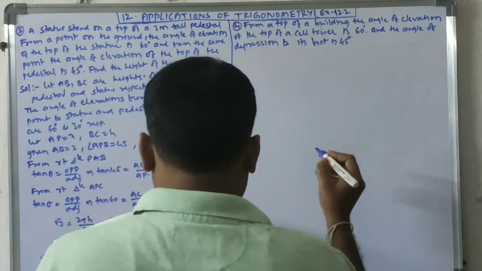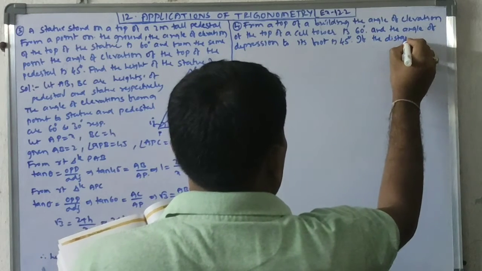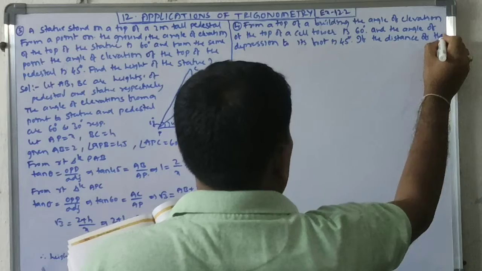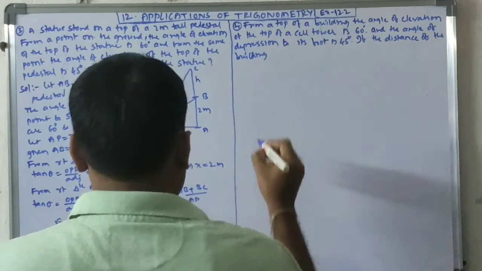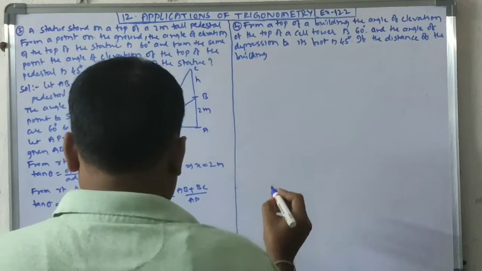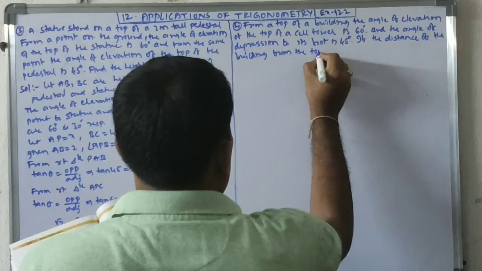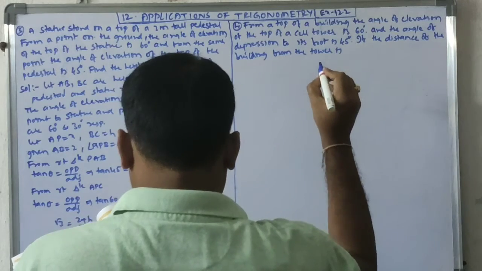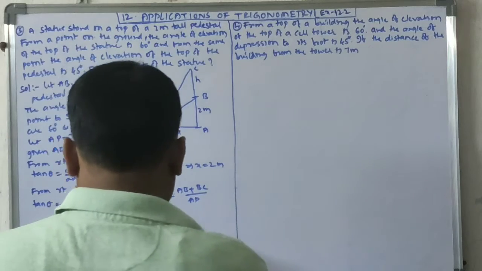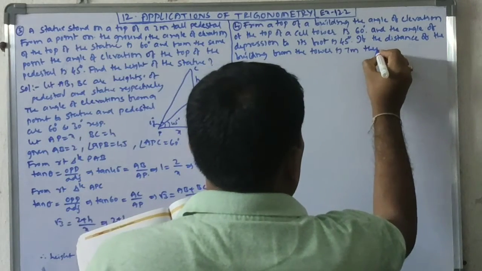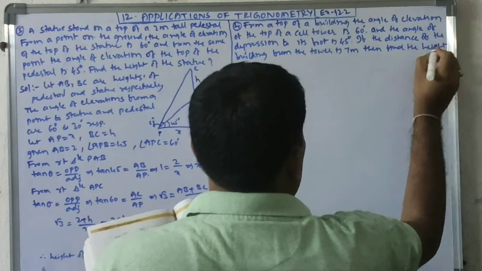If the distance of the building from the tower is 7 meters, then find the height of the tower.